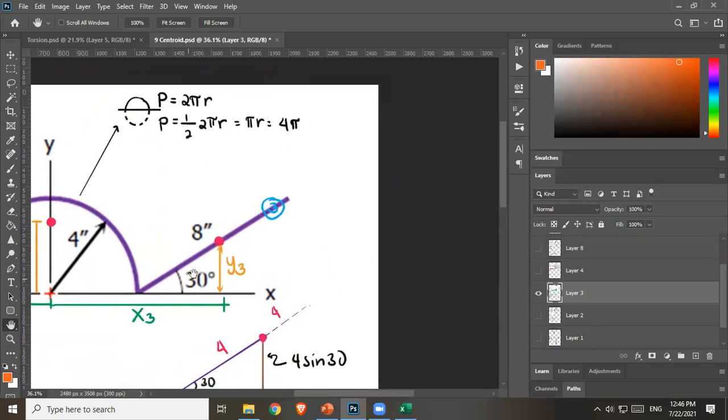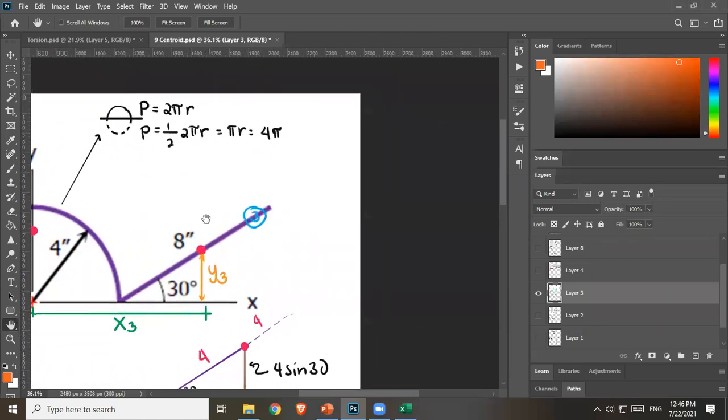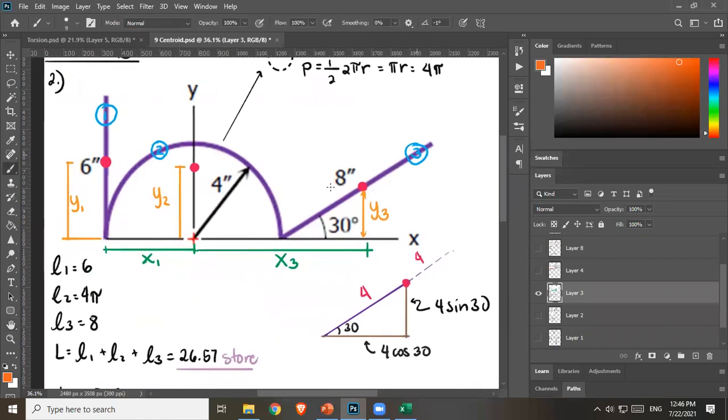And then lastly, we have line 3, which is this. This is the centroid, this is your x-axis, so this is y3. Can anybody give me what's y3?